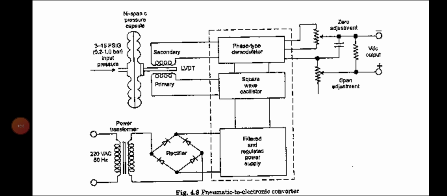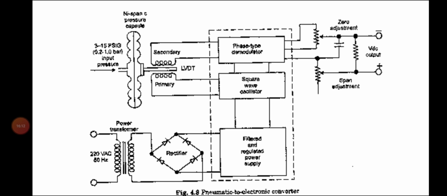The pressure to be converted into the electronic signal is applied to the capsule, which causes the core of the LVDT to move in the windings. That induces an EMF in the secondary winding of the LVDT, proportional to the pressure applied on the capsule.